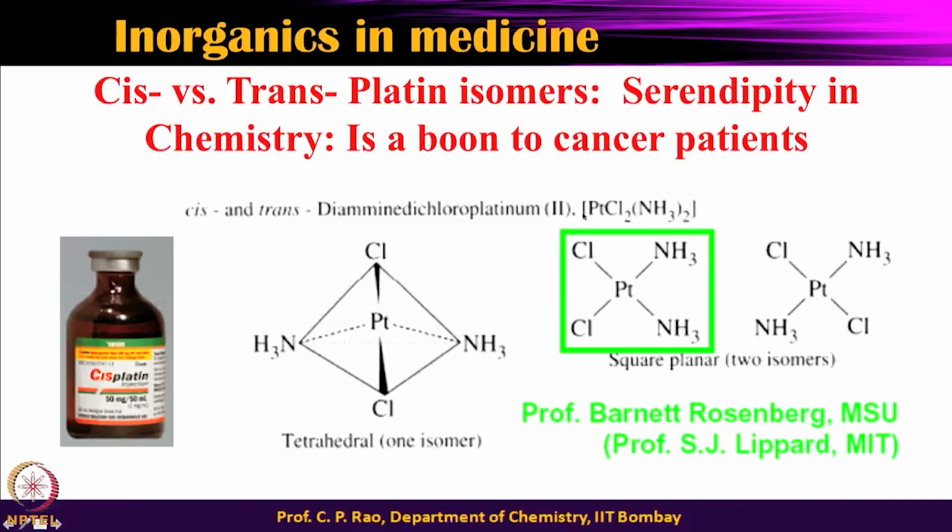And cisplatin itself is a boon to cancer patients. The invention of this, as you know, initially was serendipitous, when electrochemical work was being conducted by Barnett Rosenberg, he could recognize that certain kinds of things are developed at the platinum center, and then finally found the compound to be the platinum diamine dichloro compound.